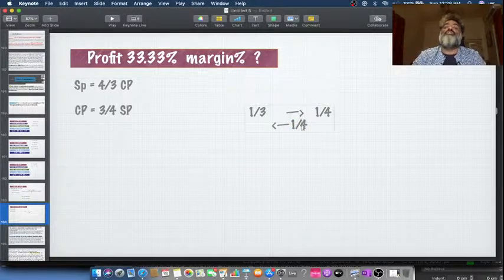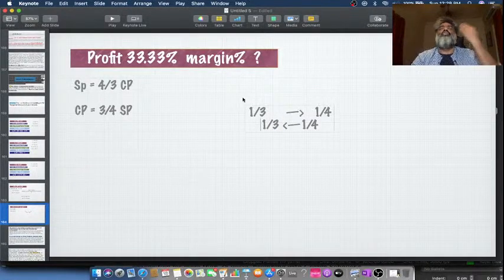How do you get the cost price? 4 minus 1, and you will get back to 1 by 3. We are watching Tenet right now, traveling back in time. So margin to profit, how are you going? Take the denominator, subtract the numerator, get a new denominator, and carry over the numerator, right? Or just be commonsensical and think on your own. Don't take my word for it. Are we okay with this game?